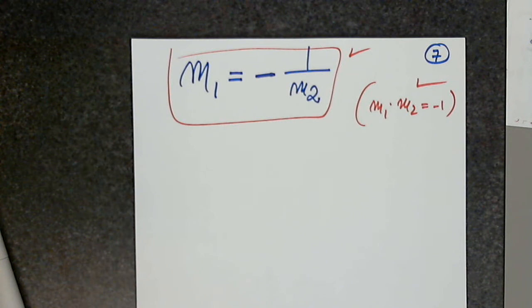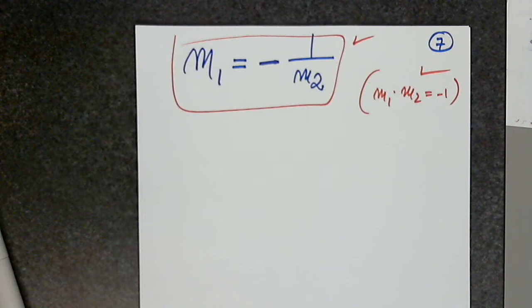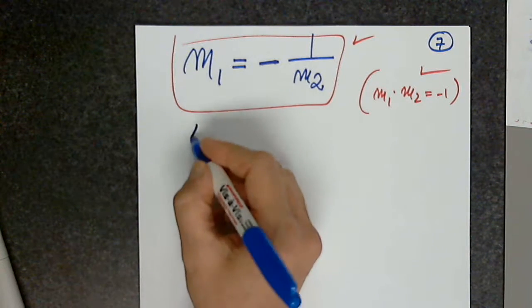Okay, in that case, I want to look at a word problem and also look at a parallel and perpendicular situation. Okay, so let's say on page 225, let's start with problem 74.